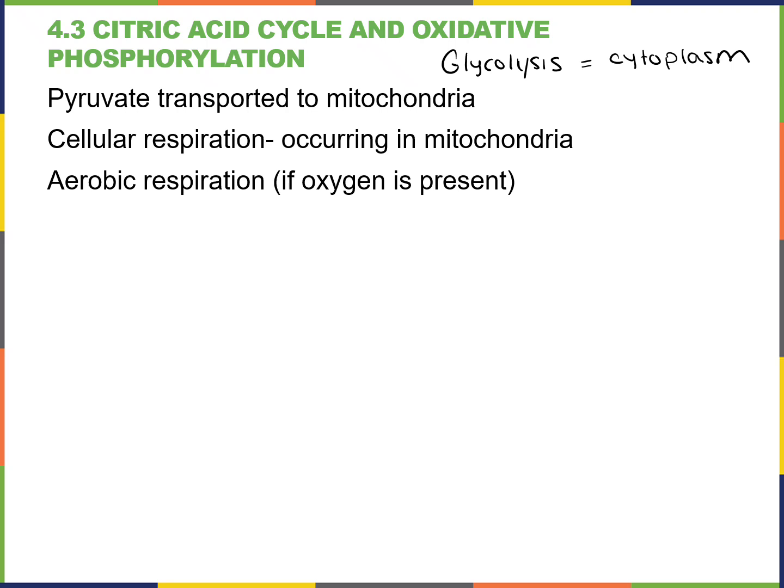Aerobic respiration happens if oxygen is present. This is the more normal way of producing energy, at least for humans. We breathe oxygen. That oxygen helps us with that energy production.